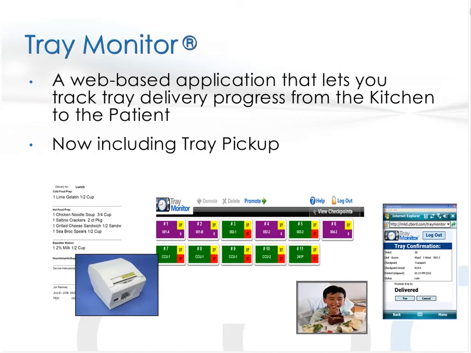So with the new tray pickup capability, we now have a new tray pickup dashboard as well as capabilities in the mobile device to help your staff know where the trays are that you've delivered and how long it's been since they've been delivered, so you can more efficiently sweep the floors and figure out when you need to go and collect trays in different areas of your hospital and make sure that things are not kind of piling up out on the units or on the floors.